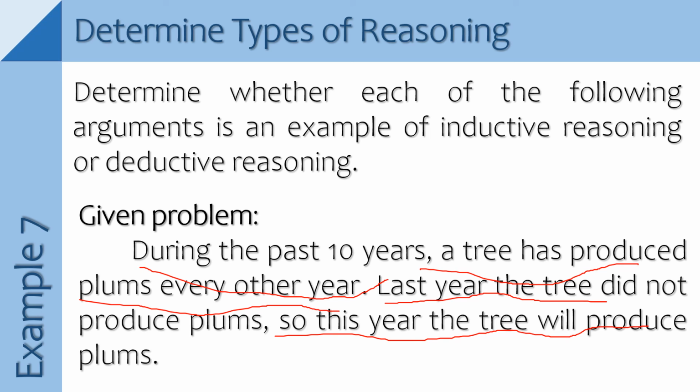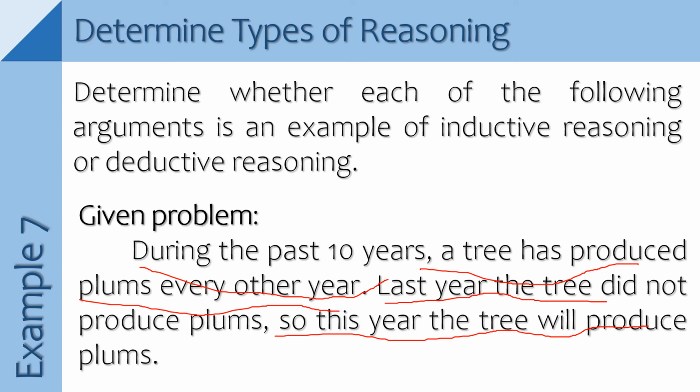Okay, so for example, in 10 years, in the first year, the tree did not produce palms. The second year, it produced. Third year, it did not produce. Fourth year, it produced. Fifth year, it did not produce.